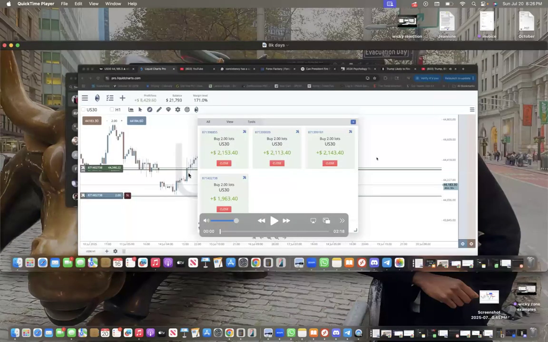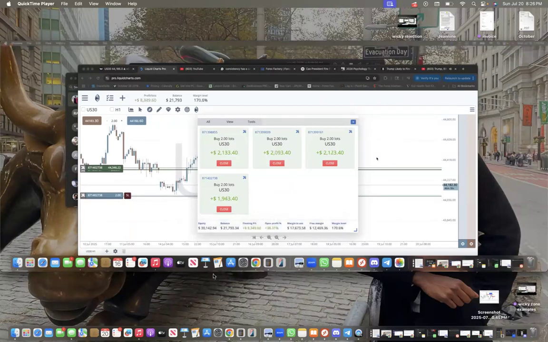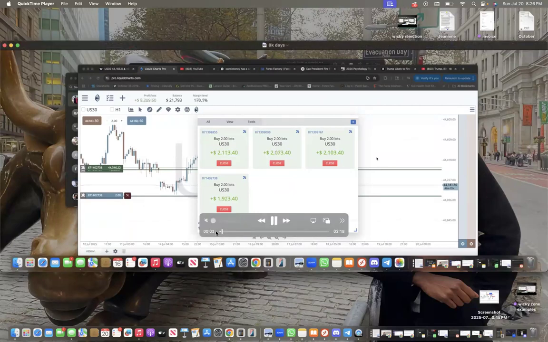Same situation here. Different date, the 17th of July. Notice how I'm taking the same trade. Okay, it was the same trade.